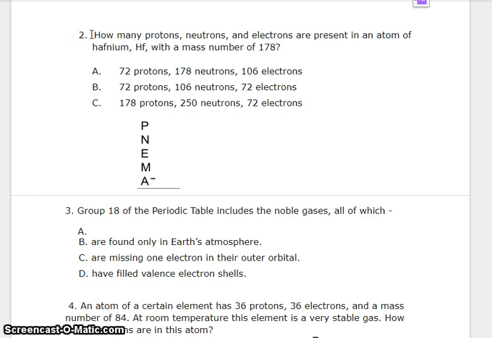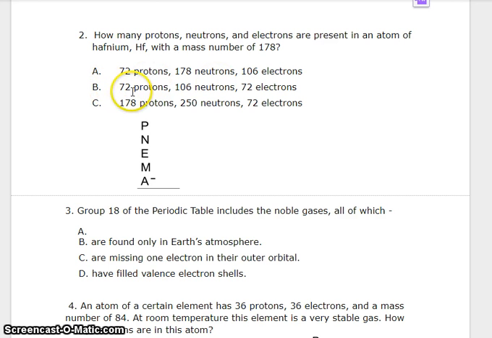Number 2, using your periodic table. How many protons, neutrons, and electrons are present in the atom of hafnium? HF, so find that on your periodic table, HF, with a mass of 178. Is it A, 72 protons, 178 neutrons, 106 electrons?